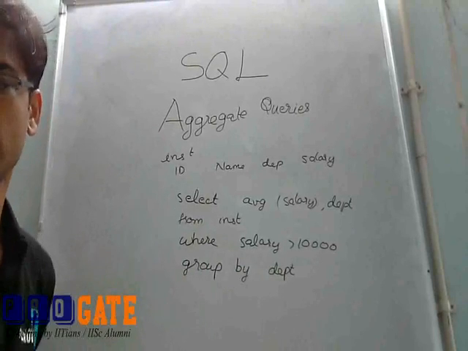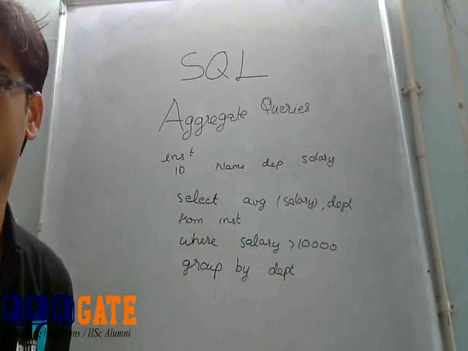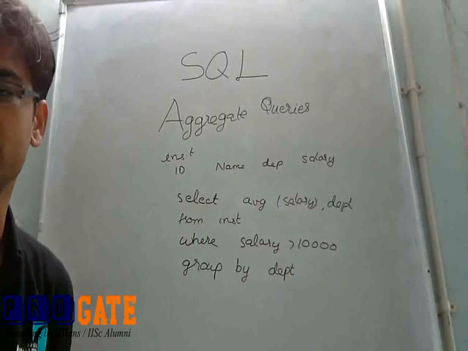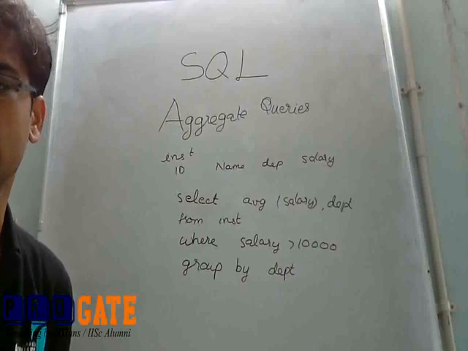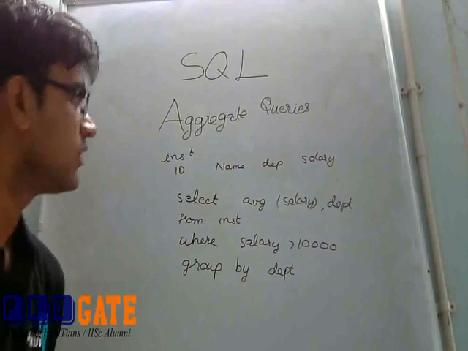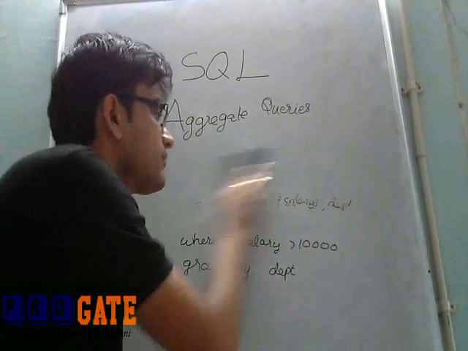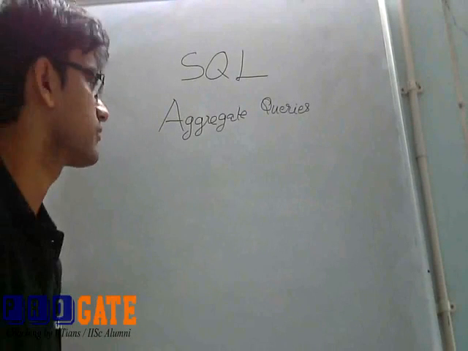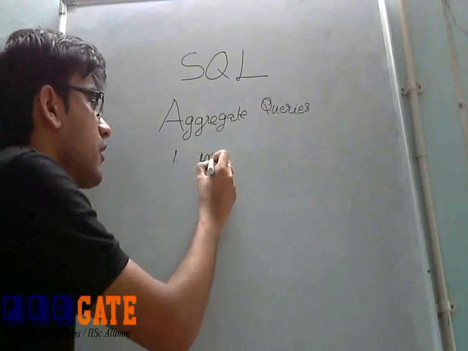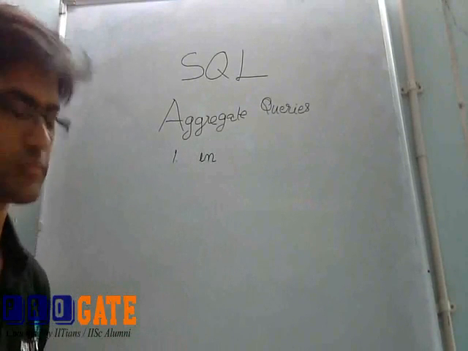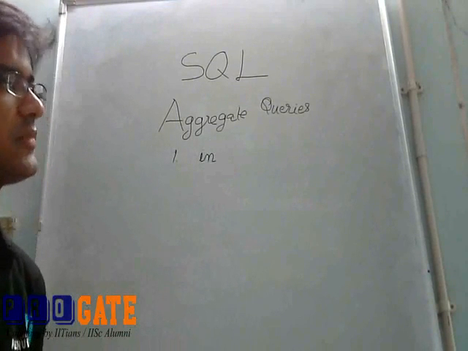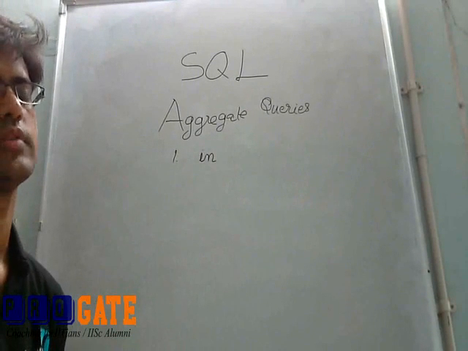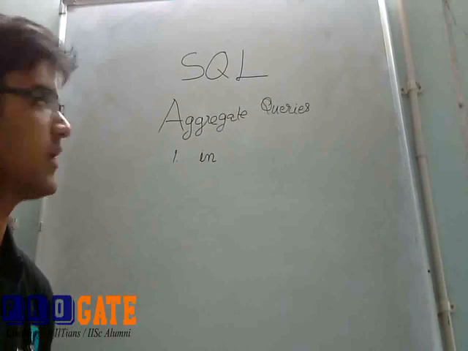Now let us see some examples of some special SQL clauses. The first one is the in clause. So let us say we want again the name of all the instructors whose salary is greater than 10,000.